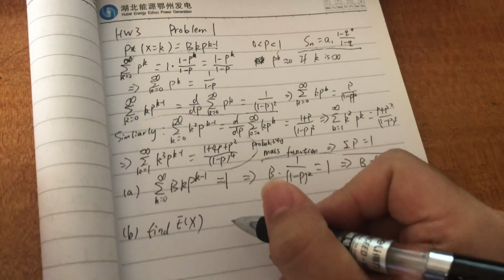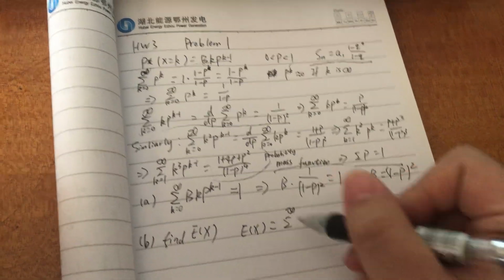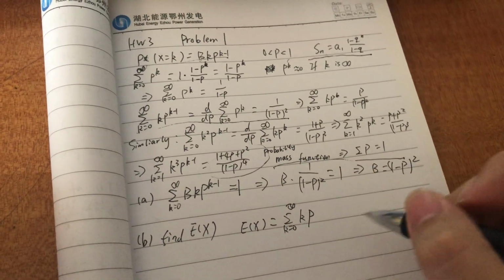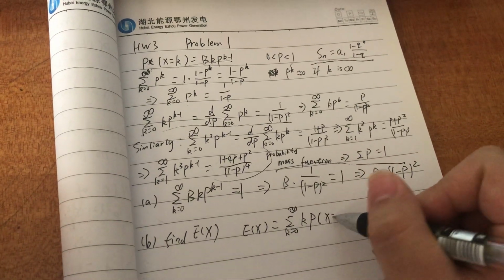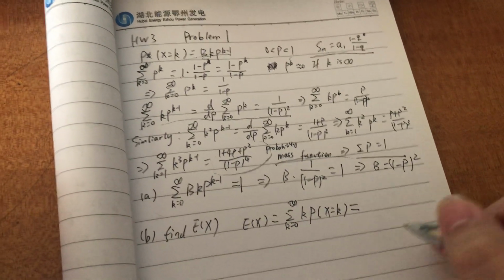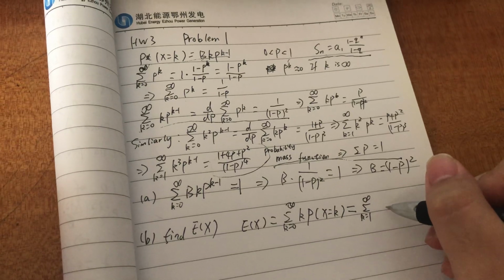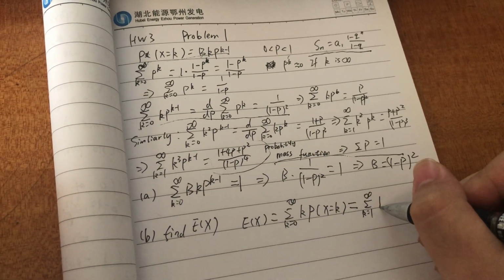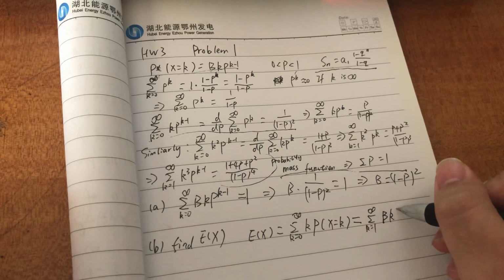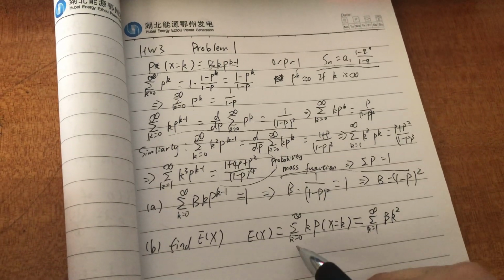We can use the energy function, which is the sum of k equal to 0 to infinity of k times probability X equal to k, and we can transfer to k equal to 1 to infinity, and plug in the probability function, which is b times k p^(k-1), because we changed the 0 to 1.